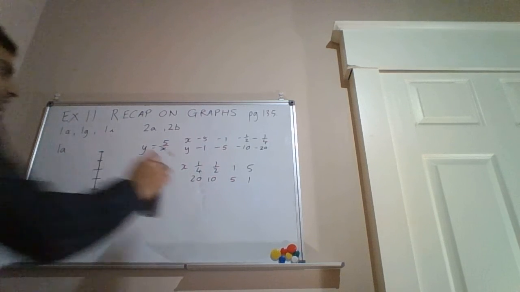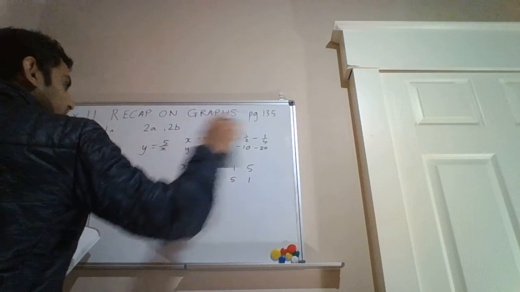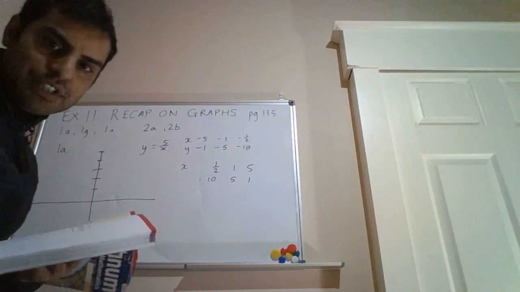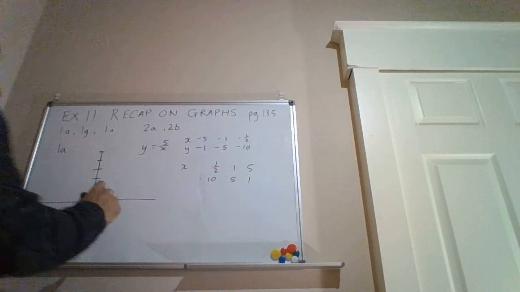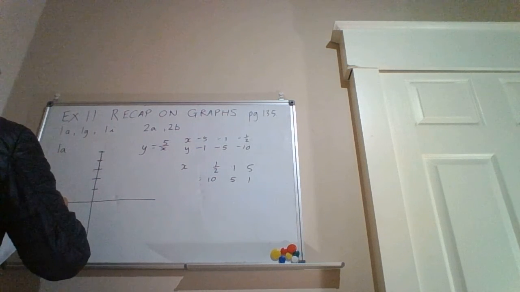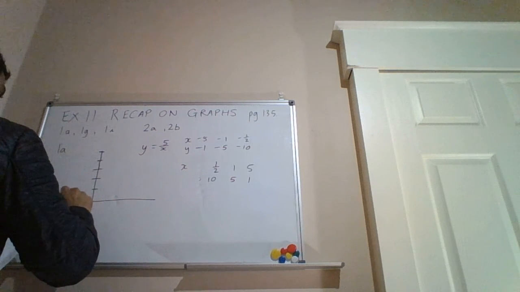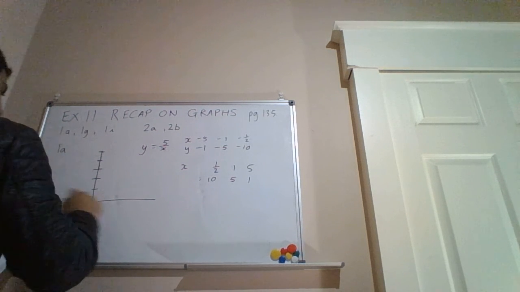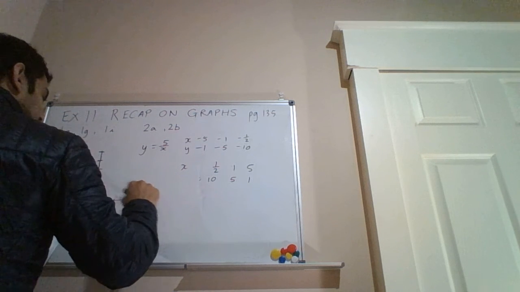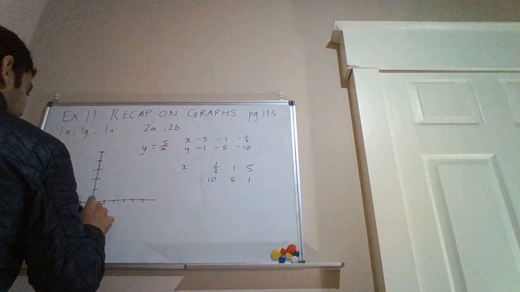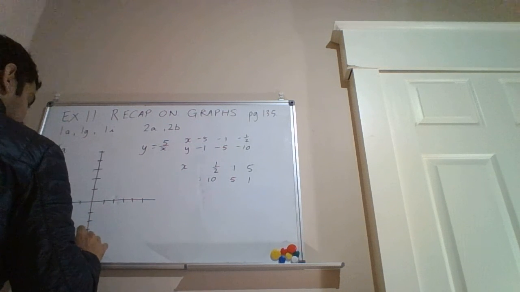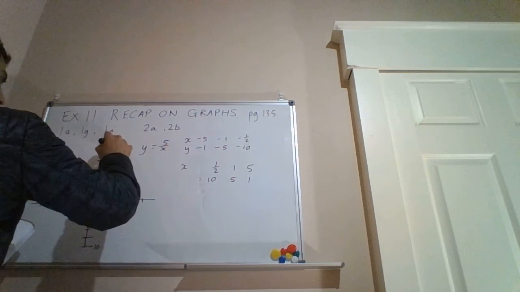I'm actually going to leave out this point as well, so it doesn't get too crazy. And 3 points should usually be enough. Minus 1, minus 2, minus 3, minus 4, minus 5. 1, 2, 3, 4, 5. And negative values, negative 2, 4, negative 6, negative 8, negative 10.